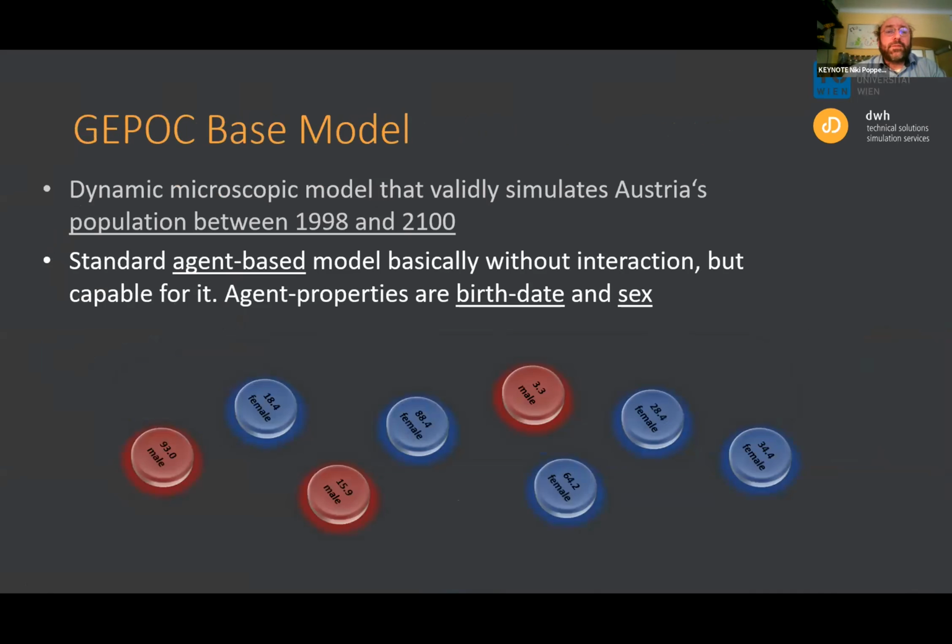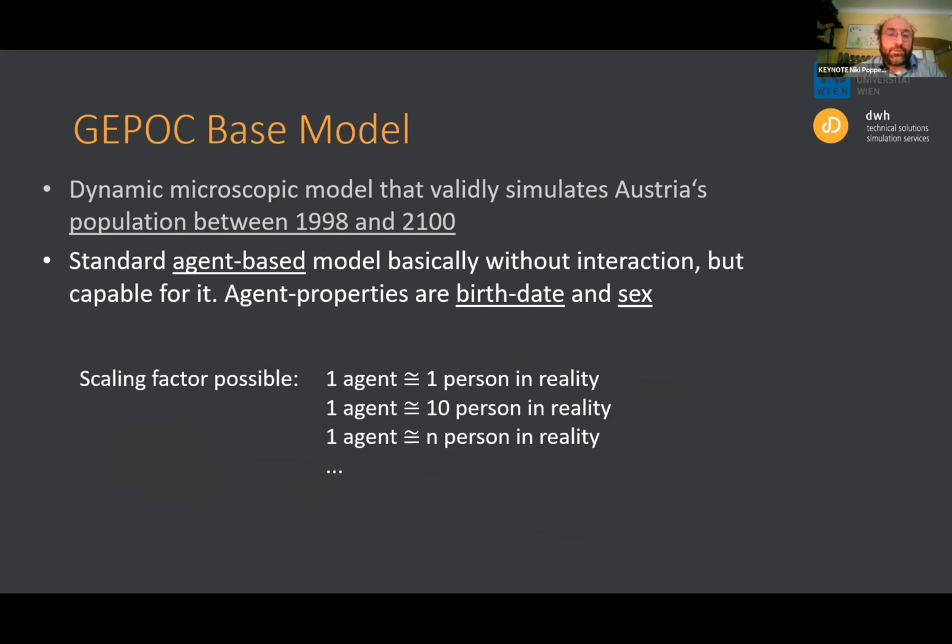The model represents Austria's population between 1998 and 2100. In this case, it's an agent-based approach with very few properties. One important thing is that we do not have the possibility to scale down to get good results.